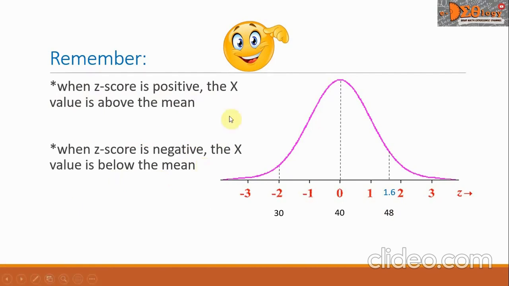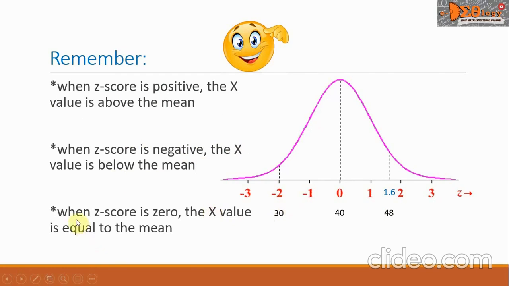And this is reflected by our example when x equals 30, corresponding to a z-score of -2. While when the z-score is 0, the x value is equal to the mean, just like our example x equals 40.